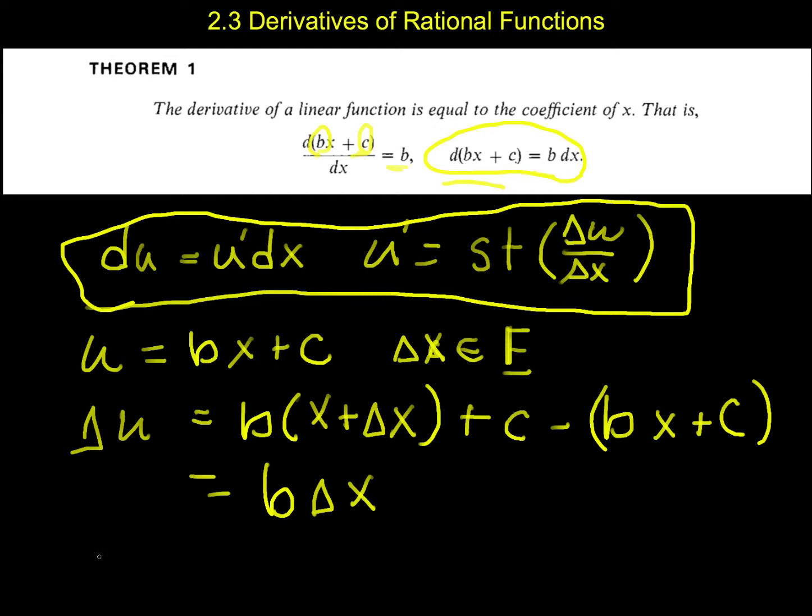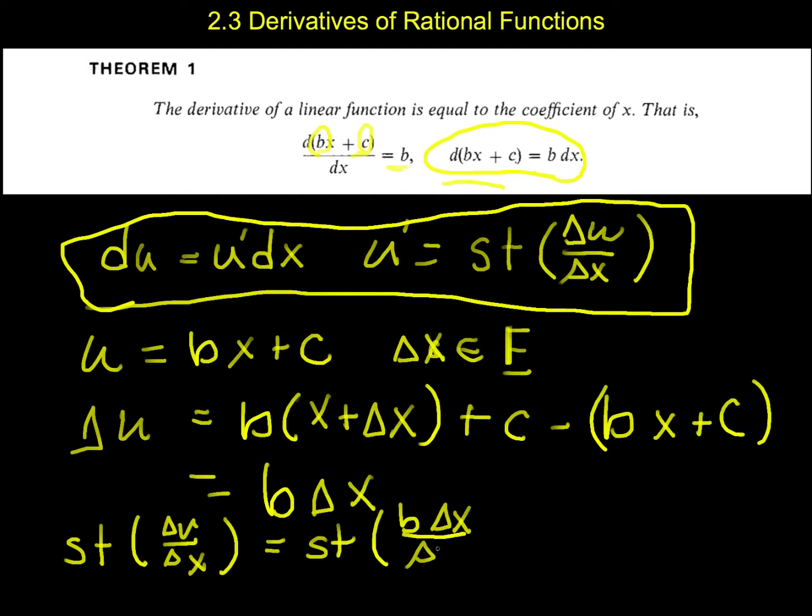So then the standard part of change in u over change in x is the standard part of b delta x over delta x. They cancel, and so this is just b, our real number b.